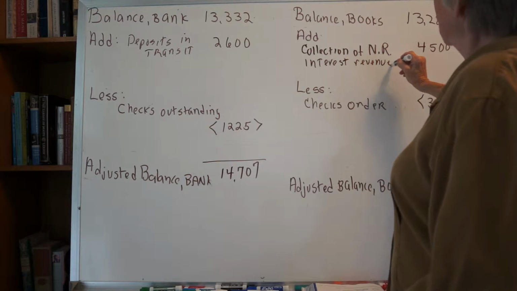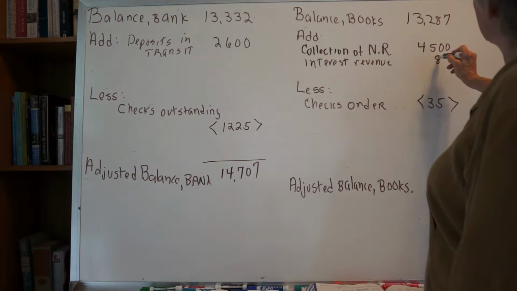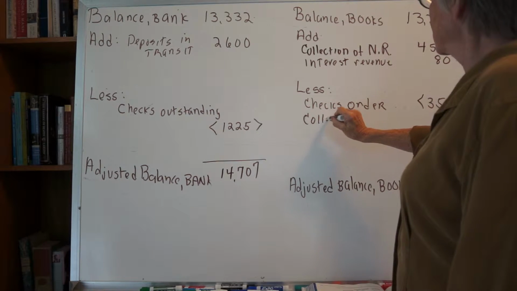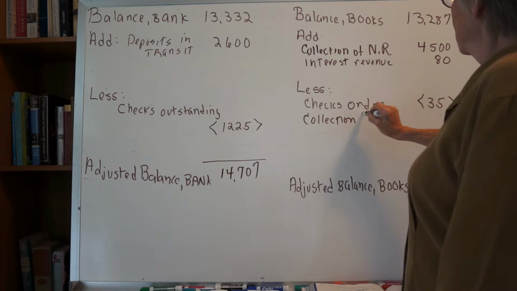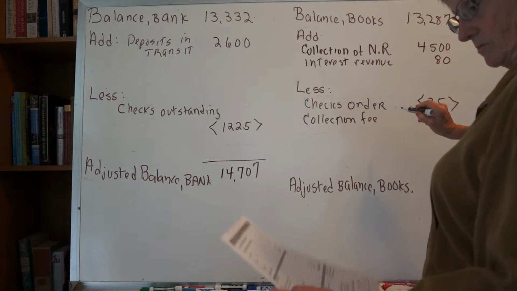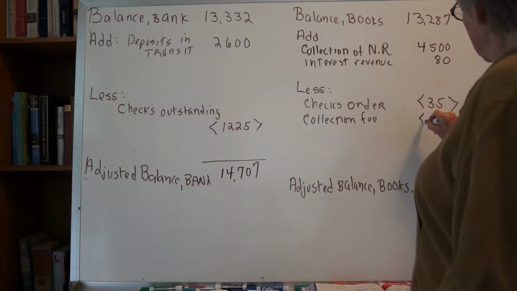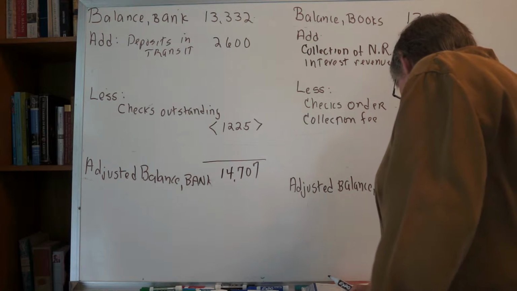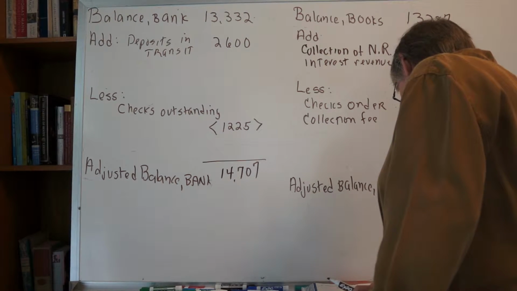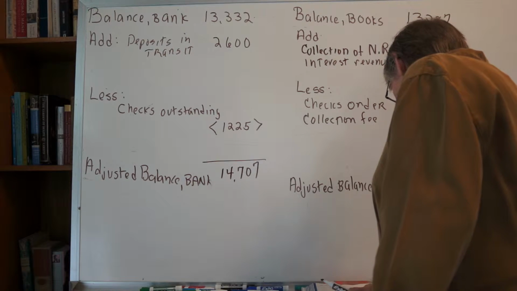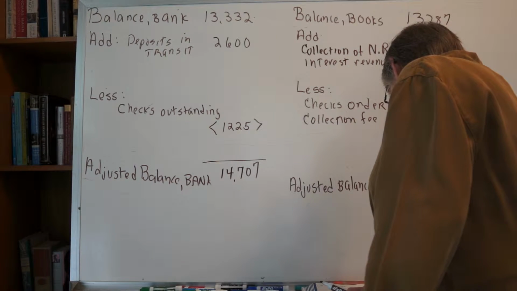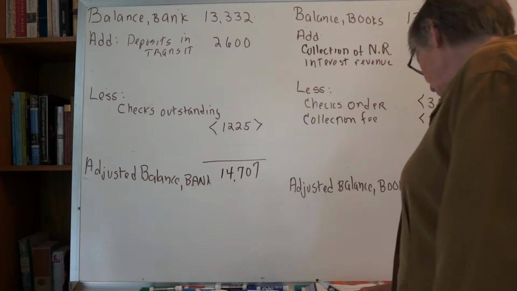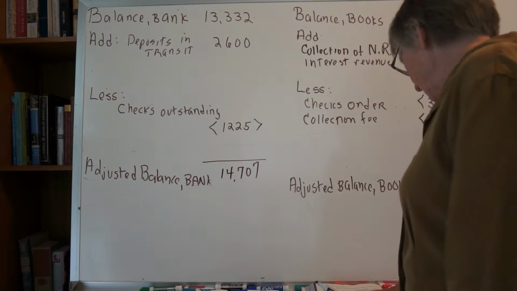Interest revenue of $80. And then there was also a collection fee associated with this of $25. Let me double check that. The collection fee of $25. Then number 6 is also an error, so we're going to forget about that for the moment.